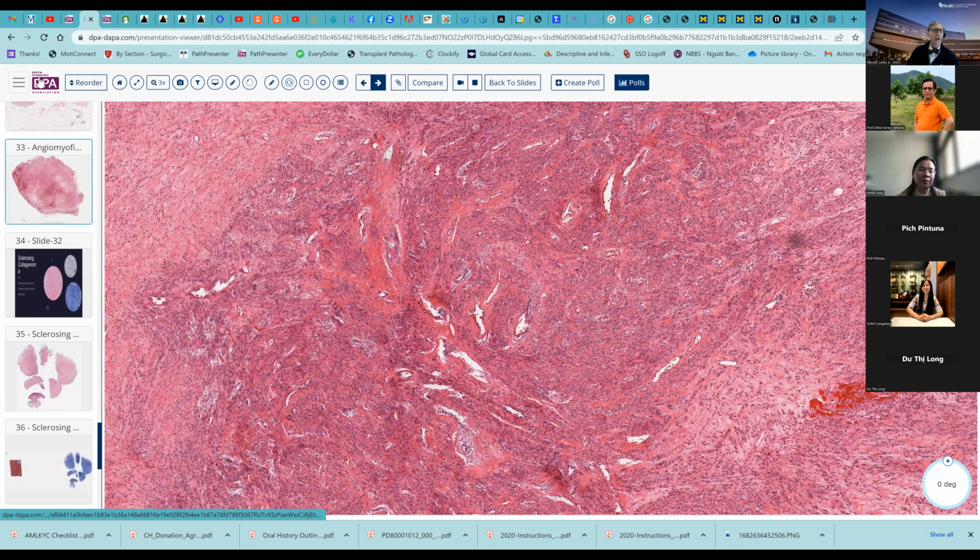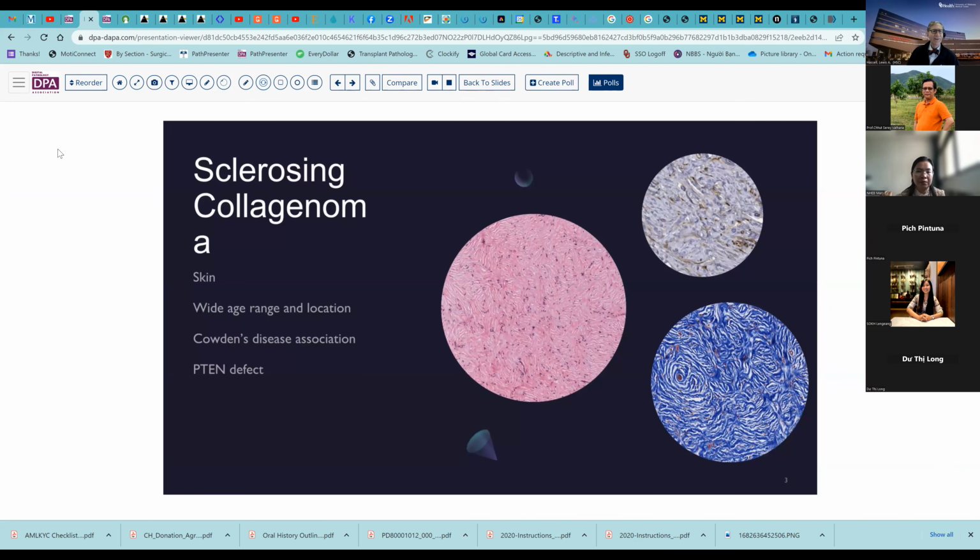Okay, so let's take a look here at the sclerosing collagenoma. So this is a lesion that typically occurs in the skin. However, we have recently seen a case in an intra-abdominal location, so I don't think the skin is exclusive, but certainly very most frequent.